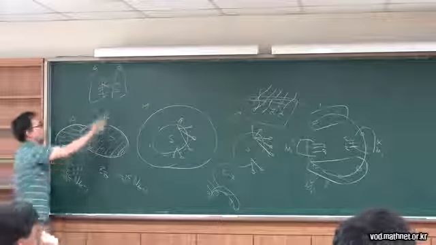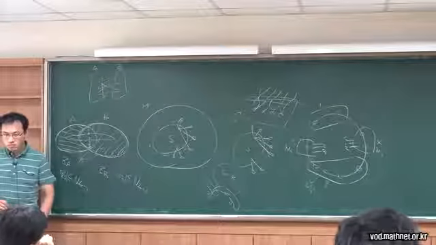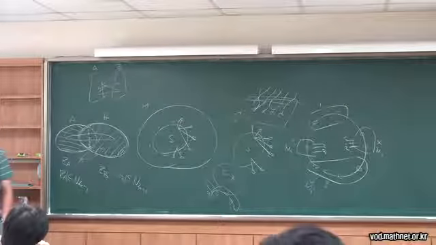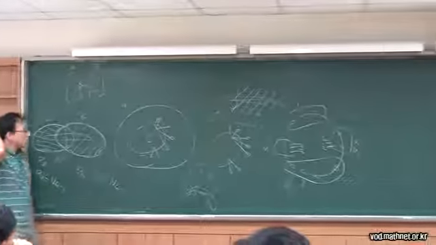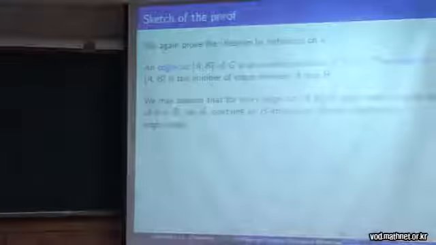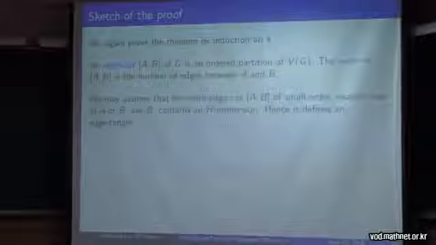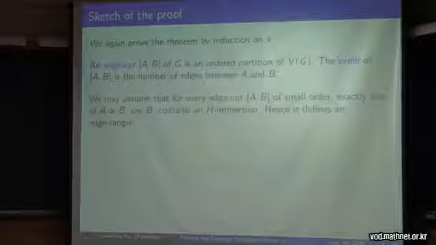The order of the edge cut is the number of edges between A and B. And with a similar argument as earlier, we can prove that for every edge cut of small order, exactly one side contains an H immersion. Otherwise, the easy inductive argument works.